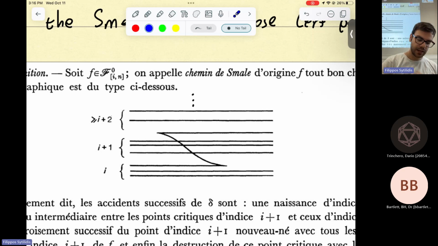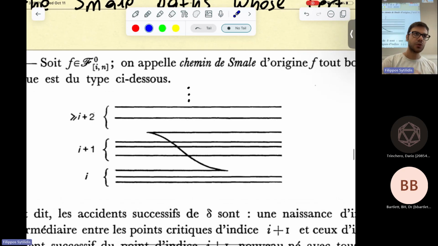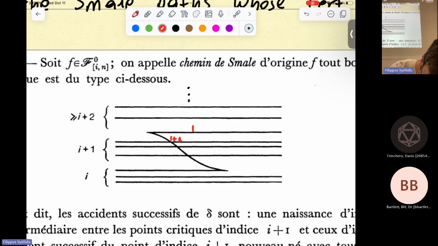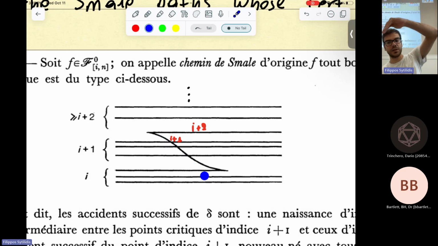And what I'm doing in a Smale path is I introduce a birth. There is a birth between the i plus 1 and i plus 2 level. This birth gives rise to an index i plus 1 and an index i plus 2 critical point. Then the index i plus 1 critical point crosses all of the other index i plus 1 critical points. It comes down and it kills the top index i critical point. That's what Smale paths do.